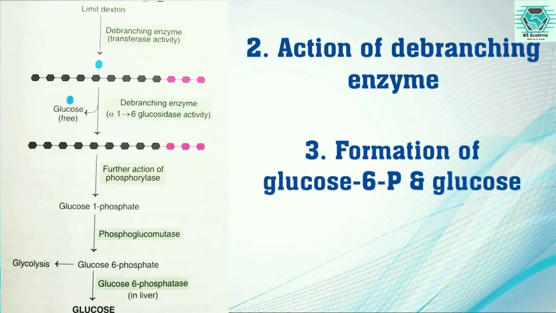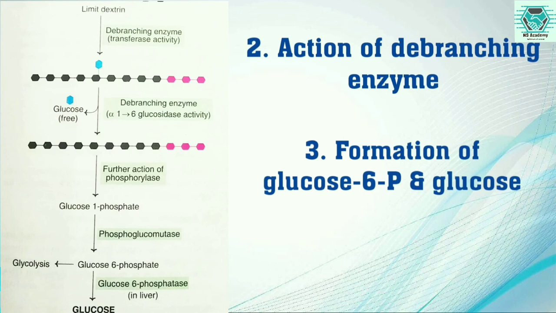The liver, the kidney and intestine contain the enzyme glucose 6-phosphatase that cleaves glucose 6-phosphate to glucose. This enzyme is absent in the muscle and brain.